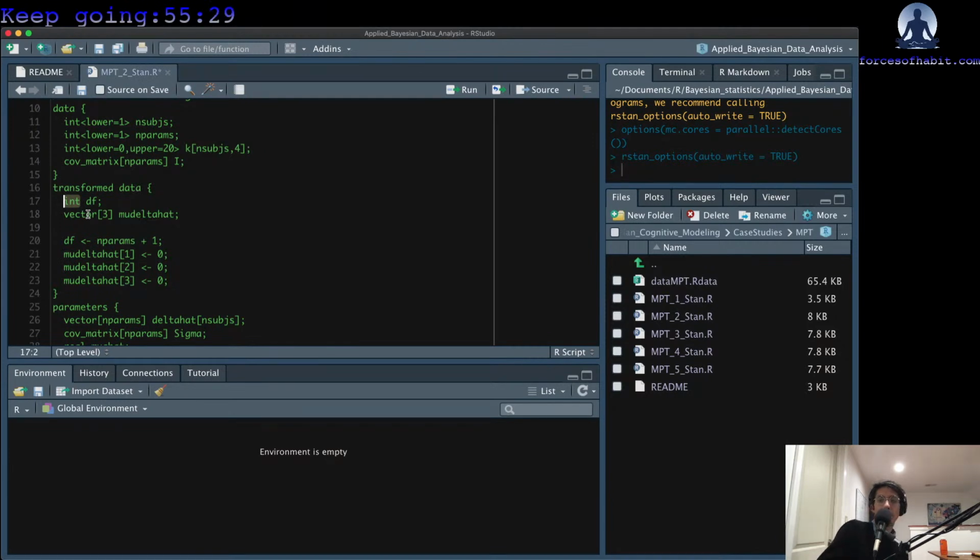Then I'm going to initialize a discrete variable called df, and then I'm going to also initialize a vector. A vector is going to be size 3.